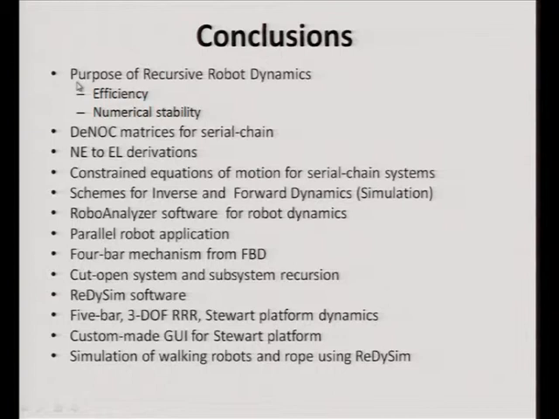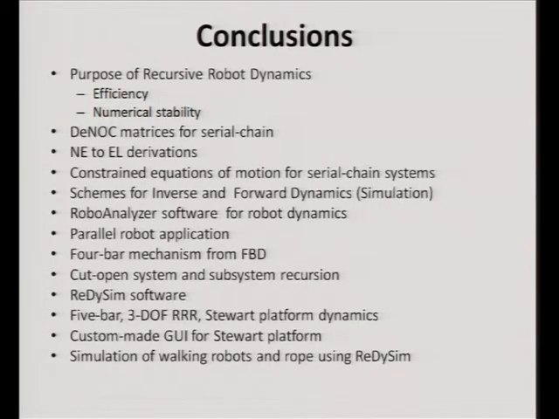I have showed you at the beginning the purpose of recursive robot dynamics. Mainly 2 aspects were there, efficiency and numerical stability. The DeNOC matrices for serial chain I have introduced, and then I have showed how Newton-Euler equations can be converted to Euler-Lagrange equations. More formally, as one of the students pointed out, it not necessarily has to be called Euler-Lagrange, but a set of minimum constraint equations of motion, which can be derived using other approaches also.